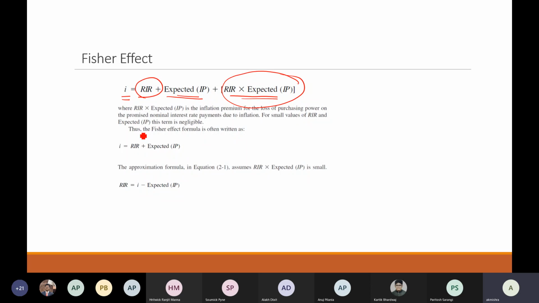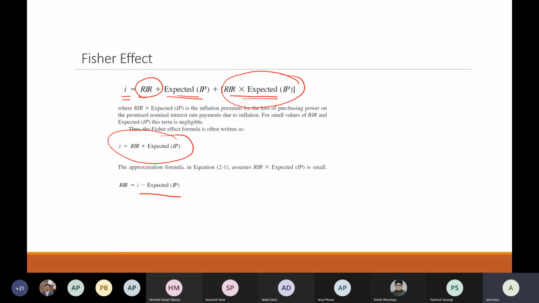So ultimately, the relationship between nominal interest rate, I is the nominal interest rate, IR is the real interest rate, and the expected inflation rate is directly related. We can calculate it. The real interest rate is basically the difference between nominal rate and inflation.